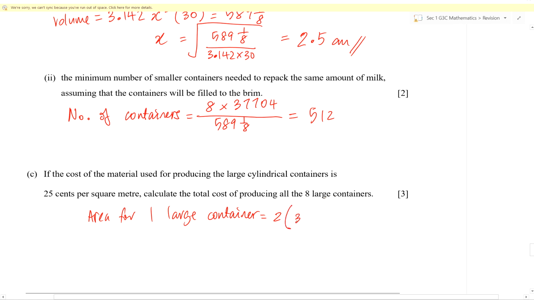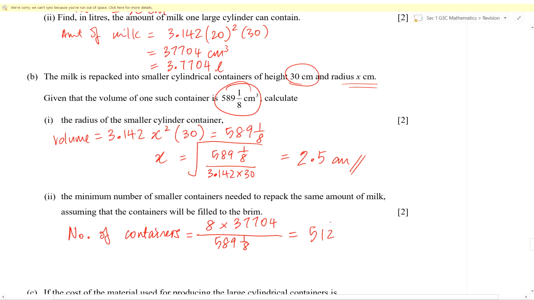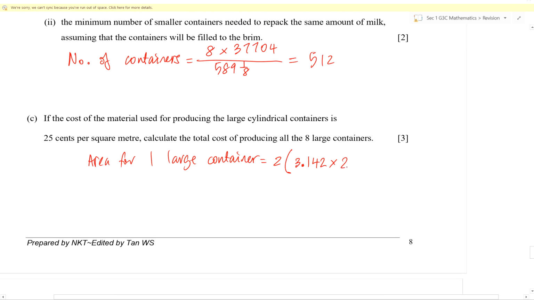So 2 times 3.142 pi r squared, radius is 20 squared. So this is just the top and bottom only. I still need to add the perimeter, which is 2 times 3.142 times the radius times the height. This calculation will give me the area for one container.